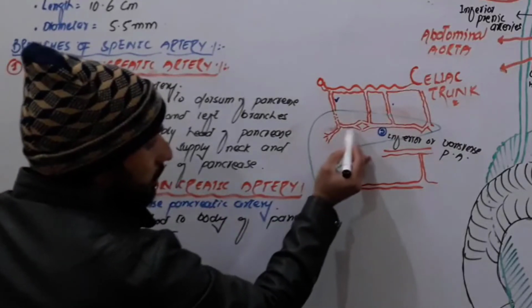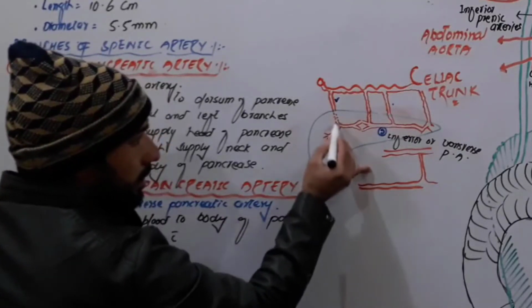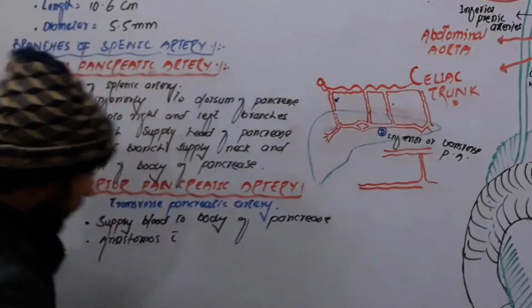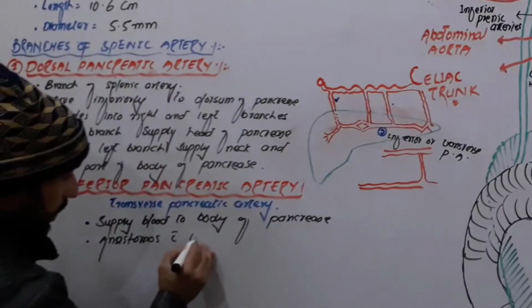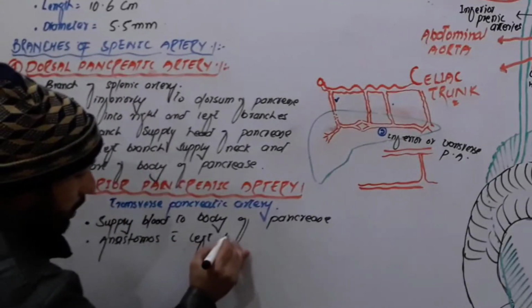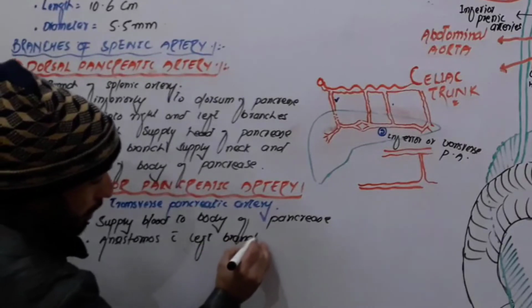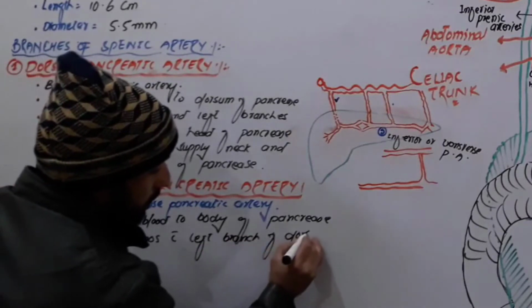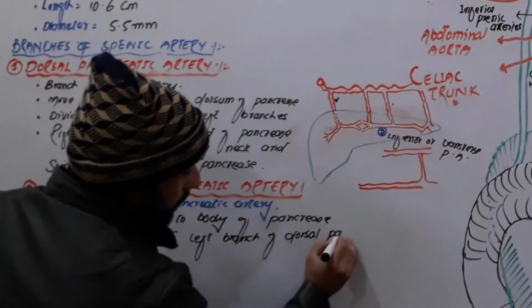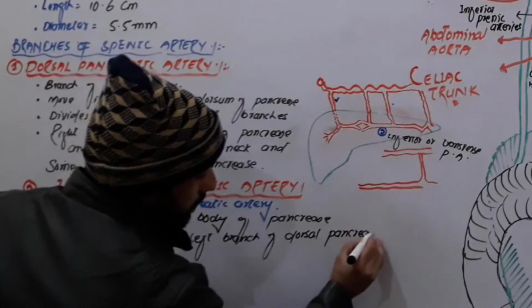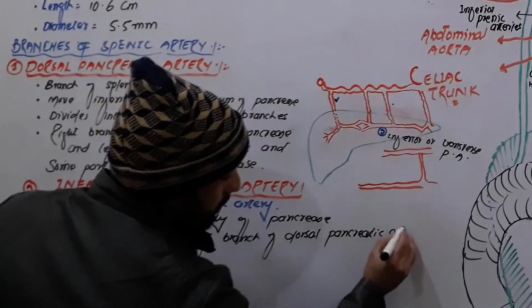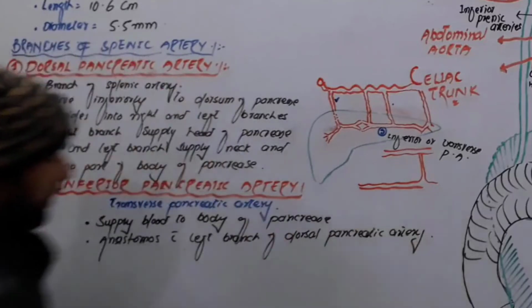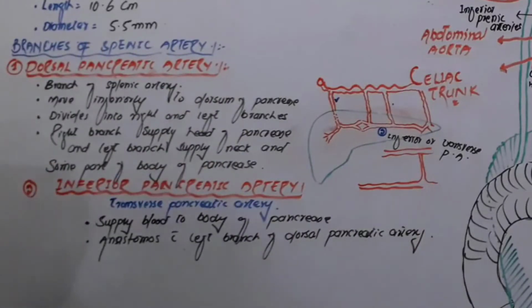With the left branch of the dorsal pancreatic artery. Done. So this was the second branch from the splenic artery.